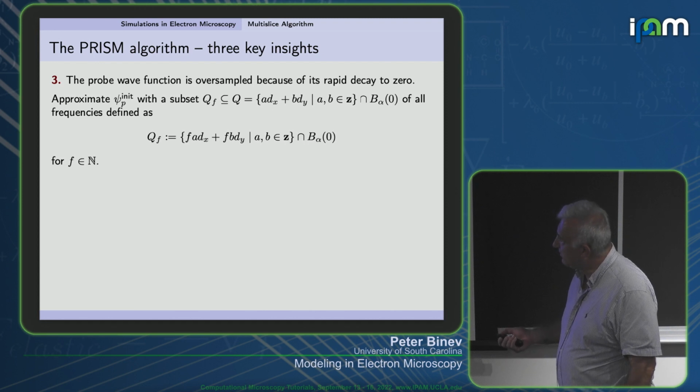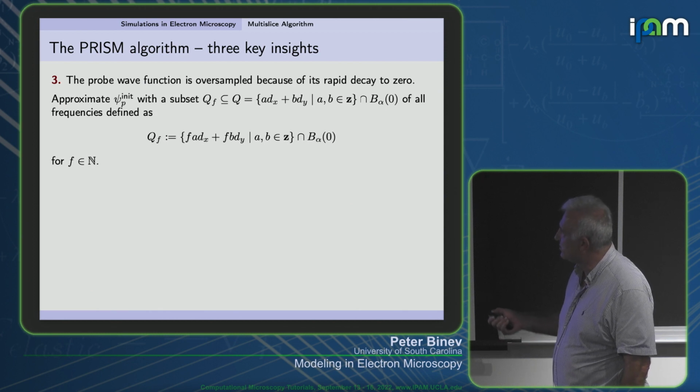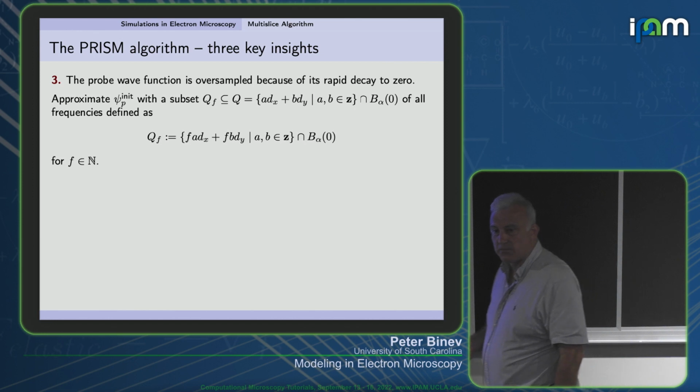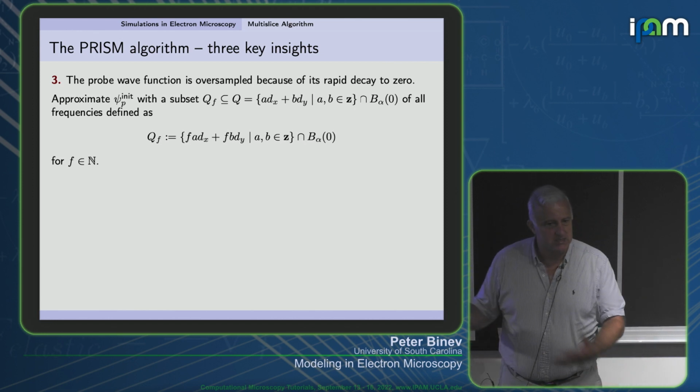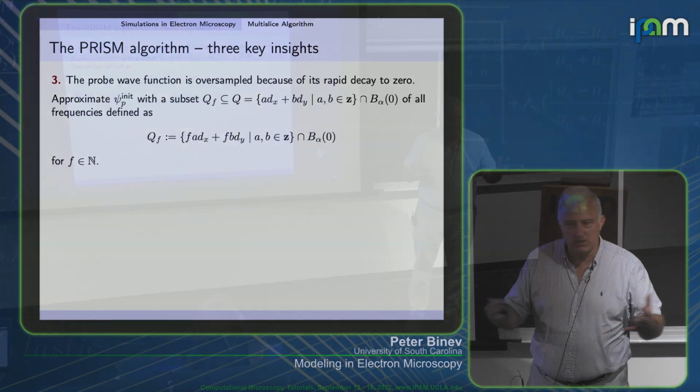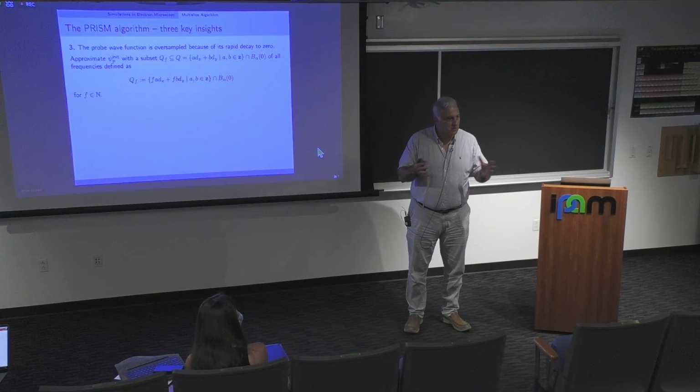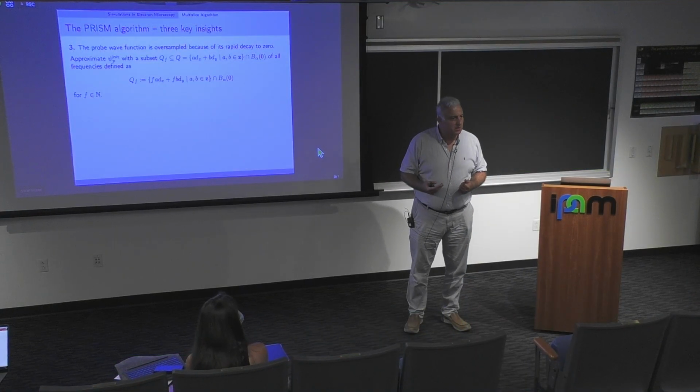The third thing which we're doing is that the probe wave function is oversampled because of its rapid decay to zero. What that means is that we maybe have 30,000 elementary functions which describe that.